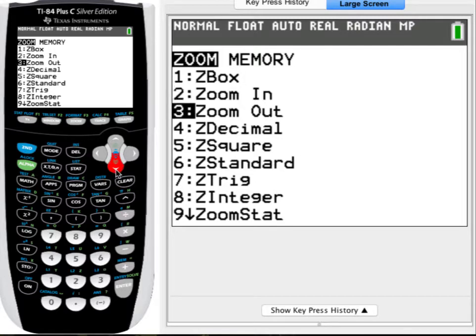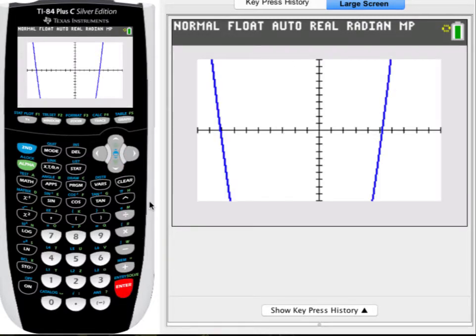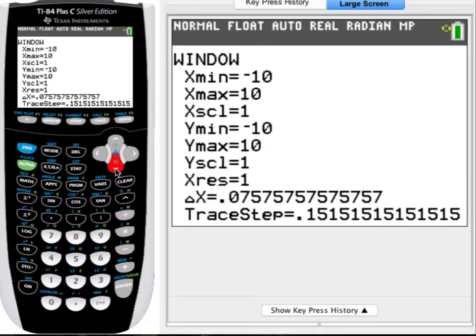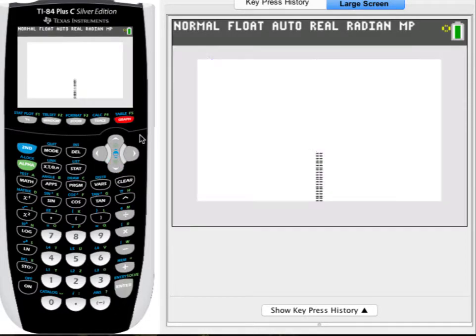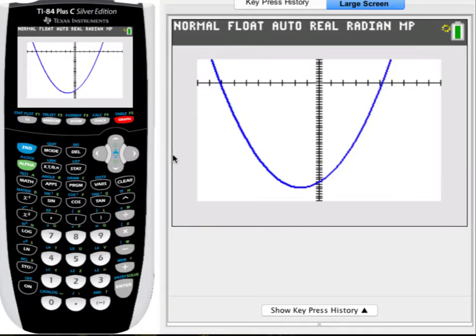Always start with ZoomStandard so we get an idea of what the graph looks like. Technically I see my x-intercepts, so this graph is fine, but a lot of people like to see the U shape, so I'm going to change my y-min so that I can see the entire parabola. Now I need to calculate the two x-intercepts, which are the solutions of this equation.